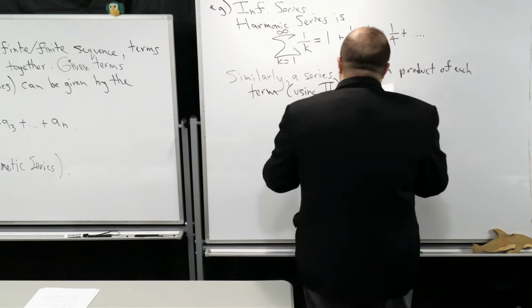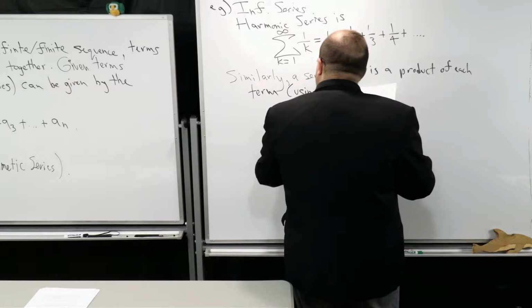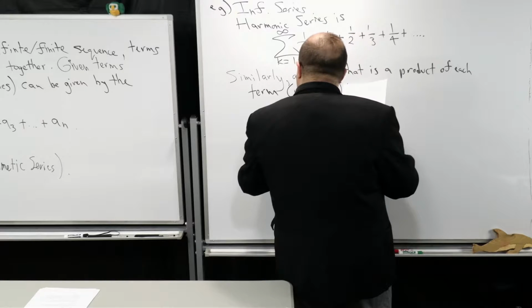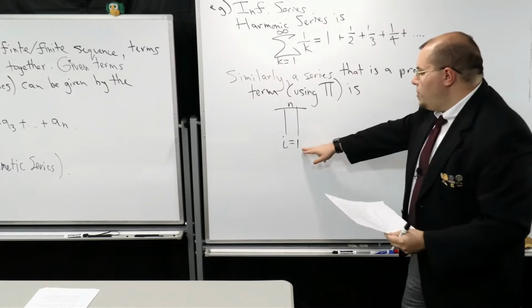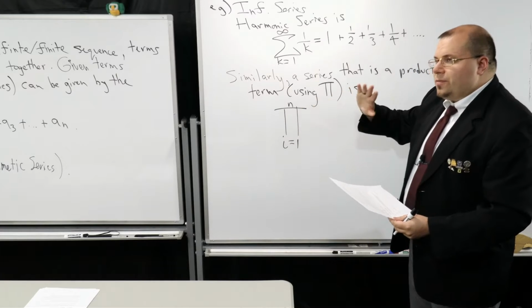So here's just an example of if I wrote out a product. I'm going to have a lower limit of 1. I'm going to have an upper limit of n.